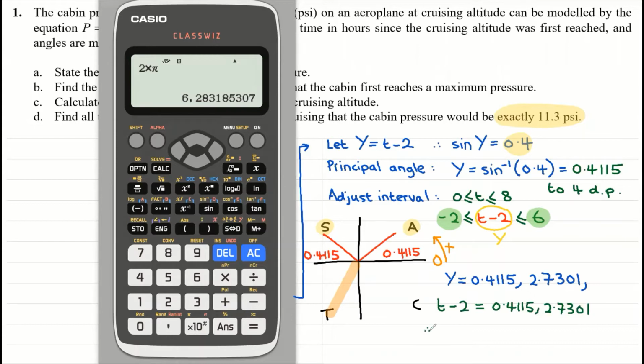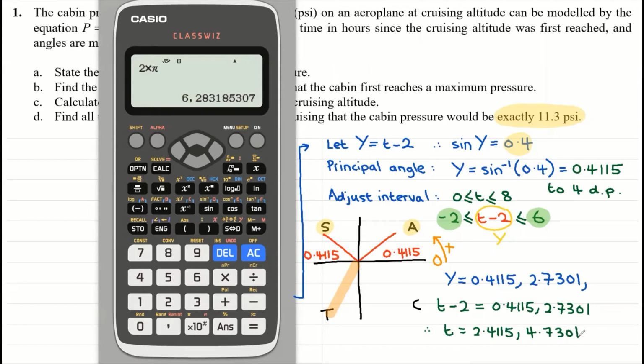So therefore, t is going to be 2.4115. Don't need a calculator for this. Or 4.7301. Okay, now just before you get really excited and think, yes, I've done it, let's just check that we've got all the information correct.